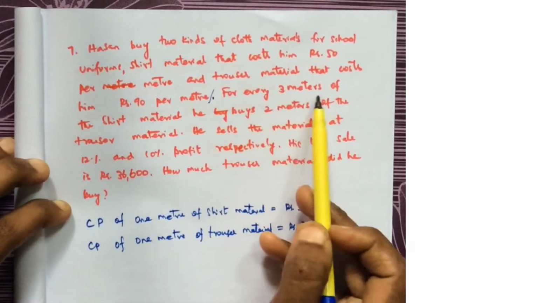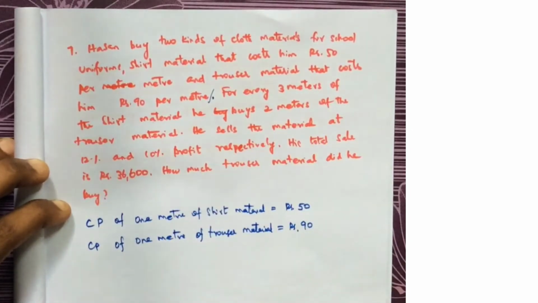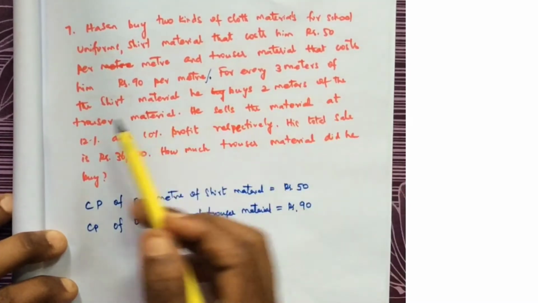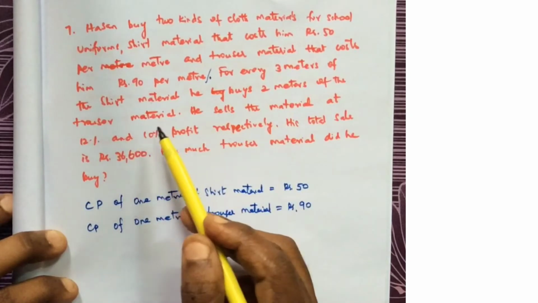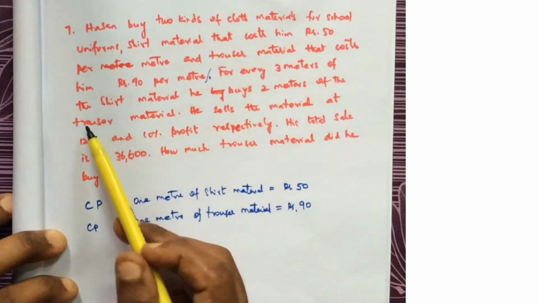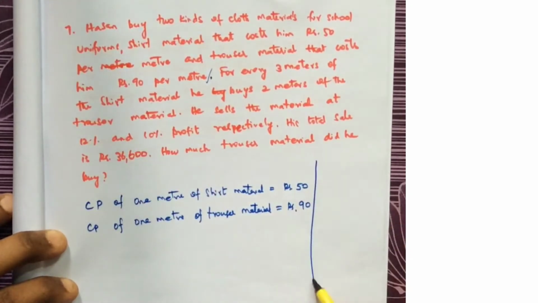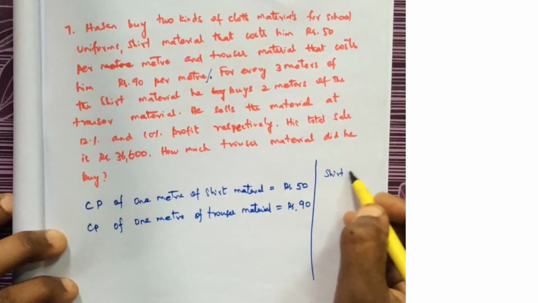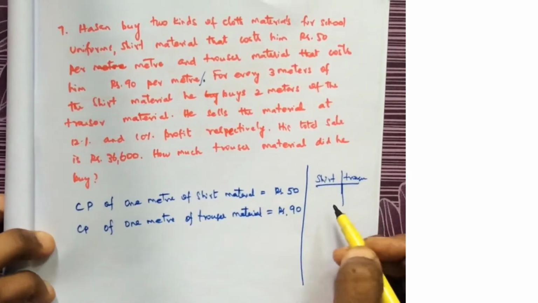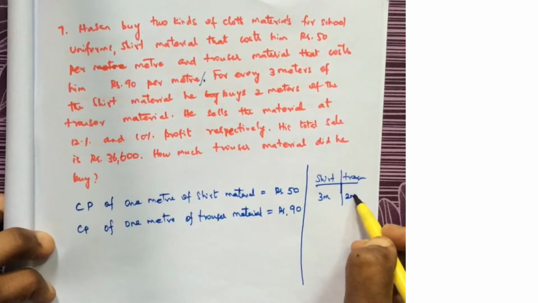For every 3 meters of shirt material, he buys 2 meters of trouser material. This is somewhat tricky. It doesn't mean that he bought 3 meters of shirt and he bought 2 meters of trouser. That is a wrong way of understanding. What it means is, if you bought 3 meters, to match that he should buy 2 meters of trouser.